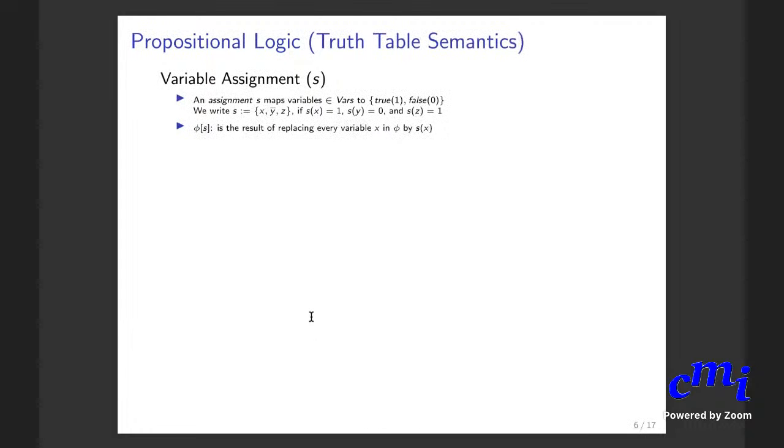But there is an easier way in this case for propositional logic, which most of you are familiar with, and that is a truth table. You can give truth value assignments to the various propositional formulas.